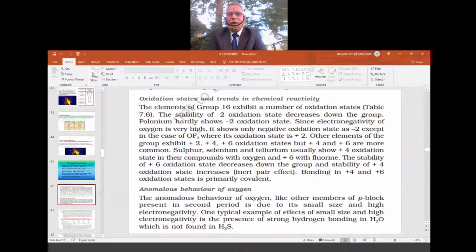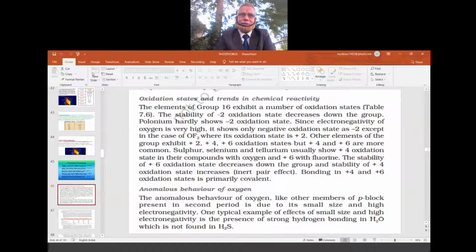So this is regarding the ON of oxygen: as an individual or with someone, how it behaves. That is the trend in the oxidation state of especially oxygen, the first member. But when you go to the next members, sulfur, selenium and the others, they show not only -2 but also +2, +4, and +6, because as we move down from top to bottom, electronegativity decreases.